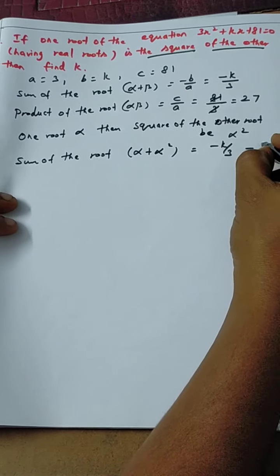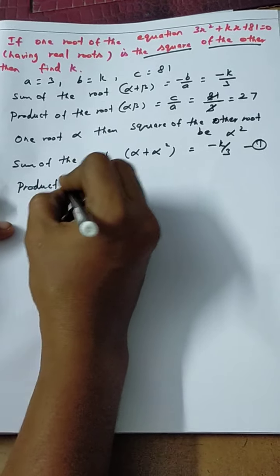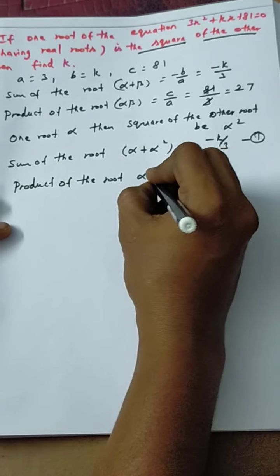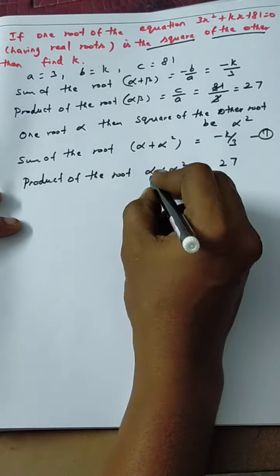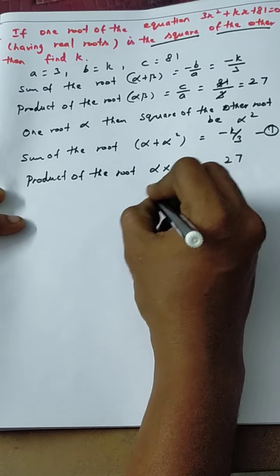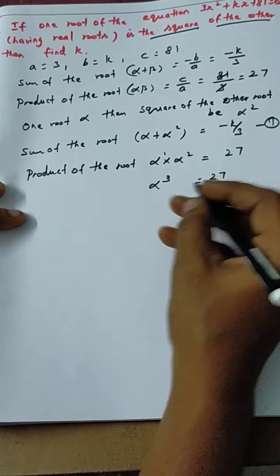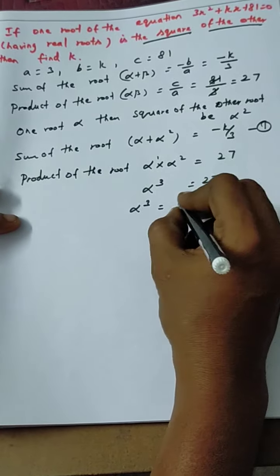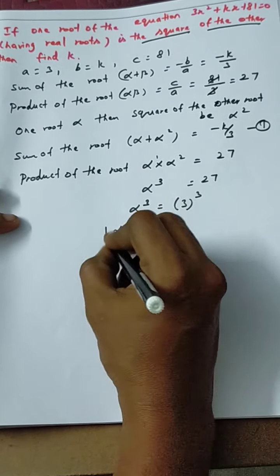This is the first equation. Next is the product of the roots: one root alpha into the other root alpha squared equal to what is given? 27. So alpha into alpha squared, multiplying, adding the powers, alpha cubed equal to 27. Then find the cube root: alpha cubed equal to 27. What is the cube value? It is 3 cubed. Therefore alpha equal to 3.